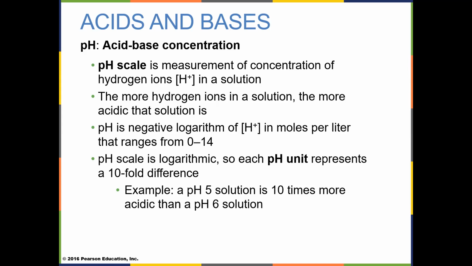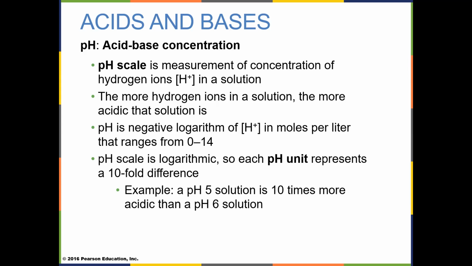If you have a pH of 4, it's also 10 times more acidic than 5, 100 times more acidic than 6, 1,000 times more acidic than 7. The further down the scale you get closer to 0, the more acidic you are. As you go up the scale from 7 to 8 to 9 to 10 up to 14, you increase 10-fold every jump.